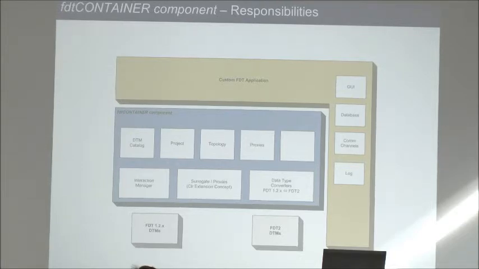The big advantage is that it is more stable inside. We have a backward compatibility to the FDT 1.2.x DTMs and have inside only one kind of data type, .NET. We are exchanging. It makes it a little easier.